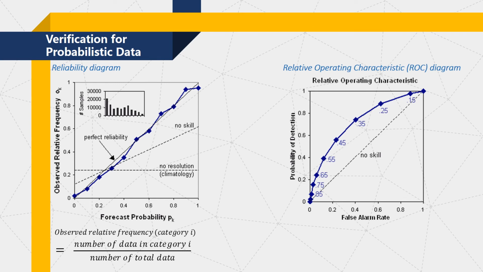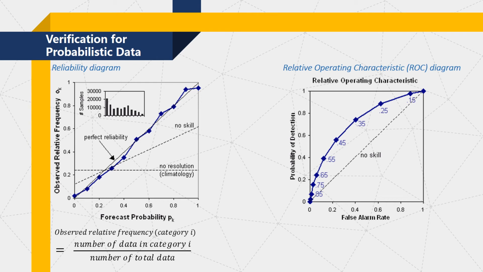Well, we move to verification for probabilistic data. The probabilistic forecast or probabilistic data is a forecast type which does not denote the event magnitude or value or its existence directly, yet indicates the probability of the event to occur.